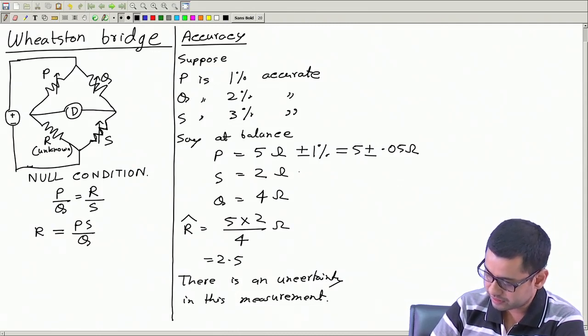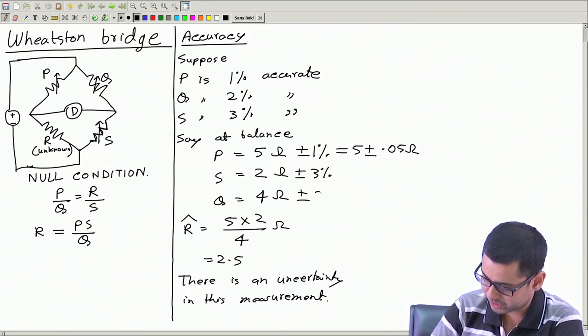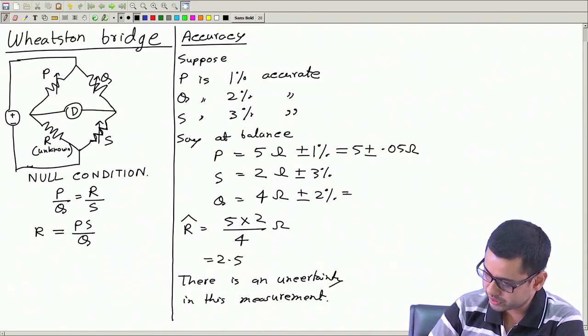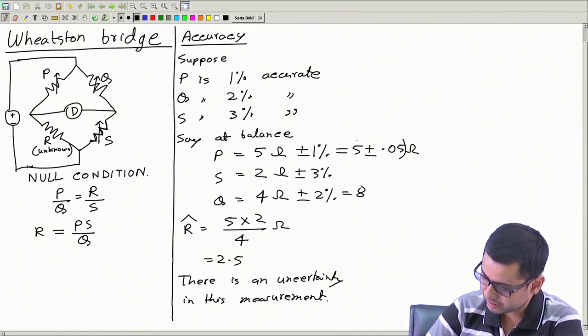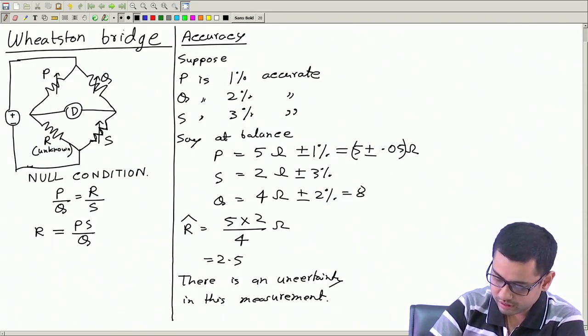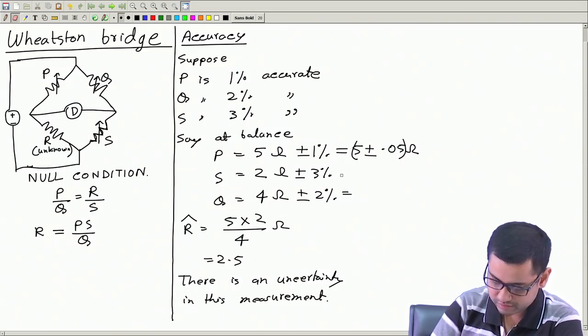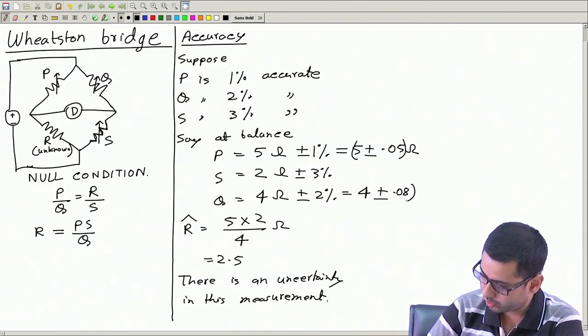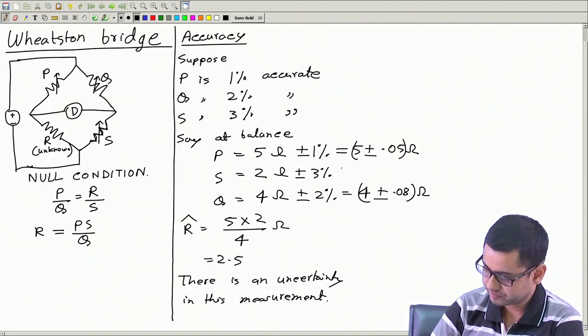Similarly, S is 3% accurate, and similarly Q is 2% accurate. So, they have a range. Similarly Q is 4 plus minus 0.08 ohm and so on.